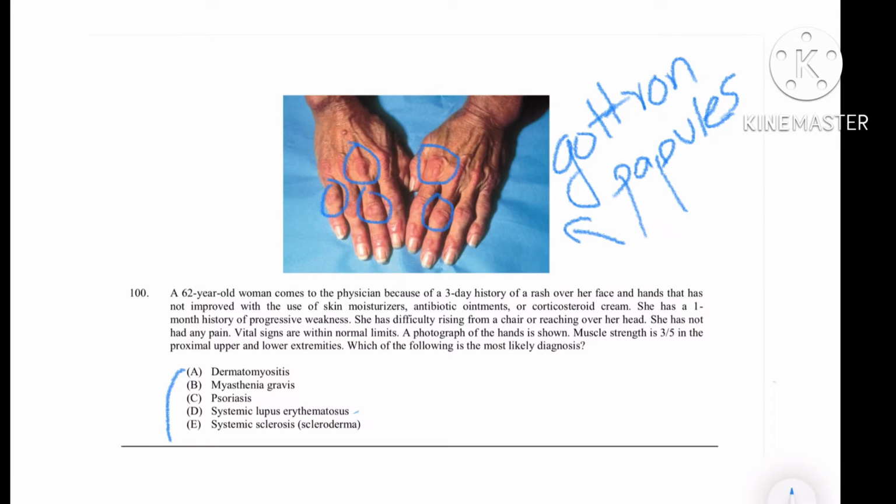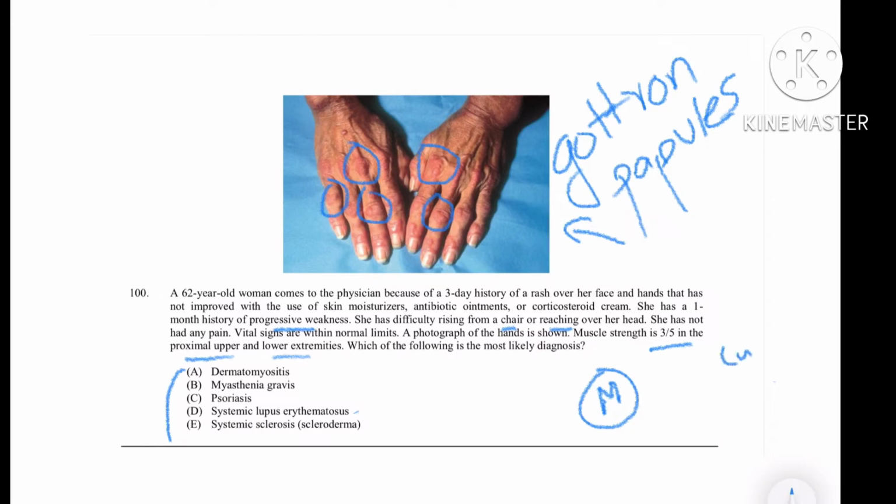If you are not familiar with the finding in the image, then you can take some points from the question itself: there is progressive muscle weakness that causes difficulty in rising from the chair and reaching over the head. They also said that the muscle strength is reduced in the upper and lower extremities. So this question is asking about a problem of muscle.